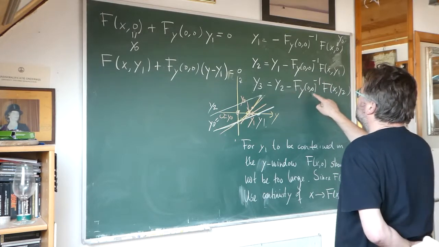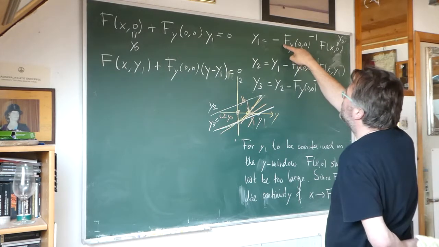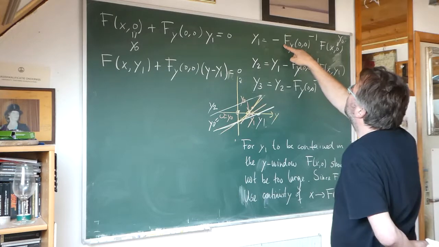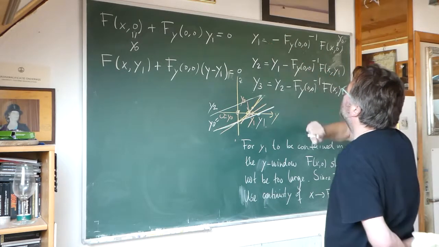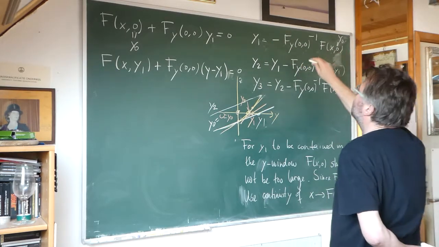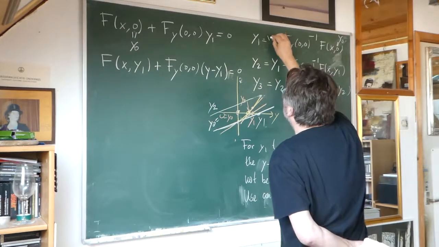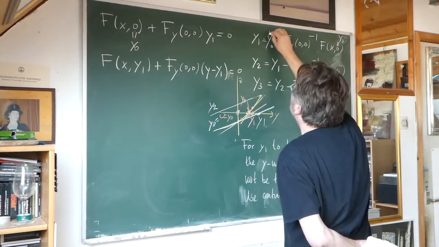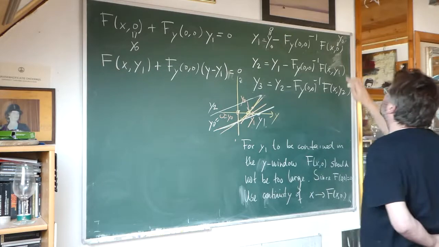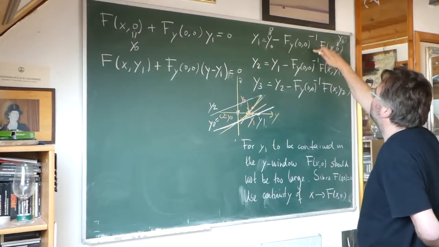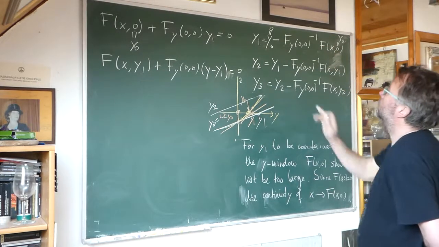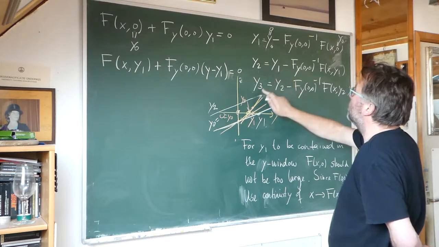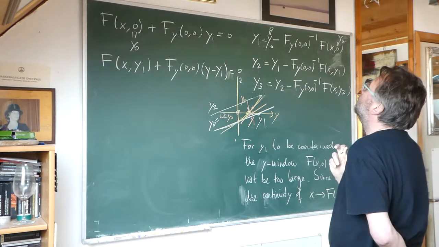The reason for putting this one is that the first one is a bit exceptional because I didn't put anything here. So to see that everything is really the same, it's better to put y0 here. Now it's clear: y1 is y0, y2 is y1, y3 is y2.